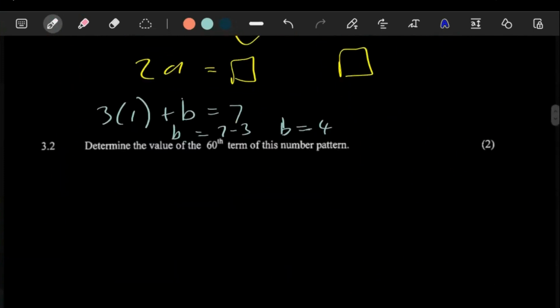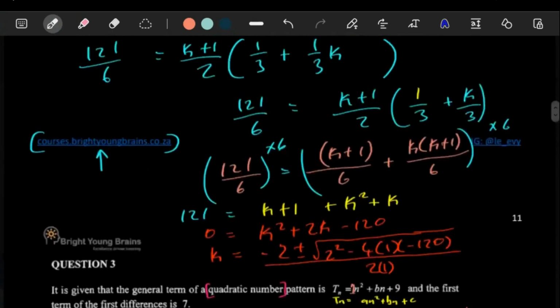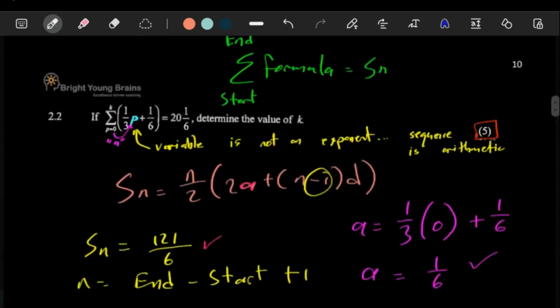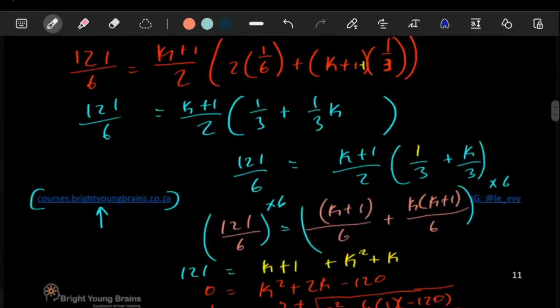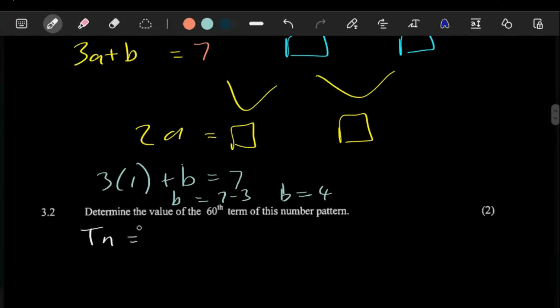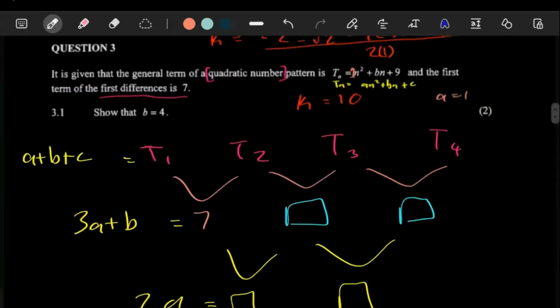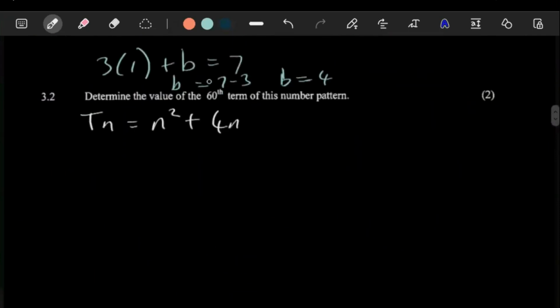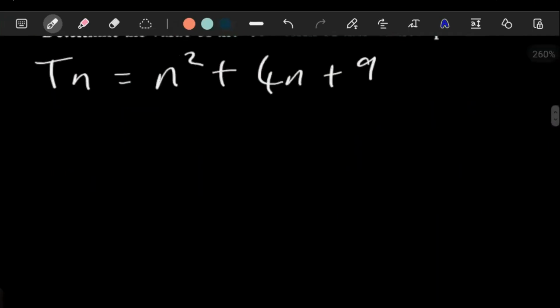3.2 for 2 marks says determine the value of the 60th term of this number pattern. So we already have the Tn, right? Tn is equal to n squared plus 4n plus 9. That's the general term.